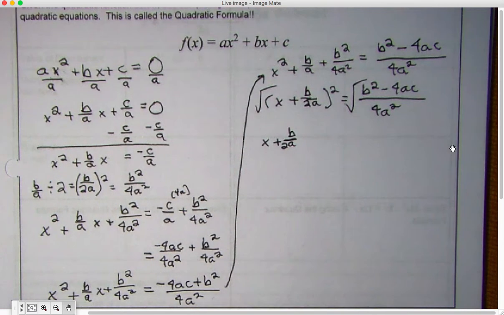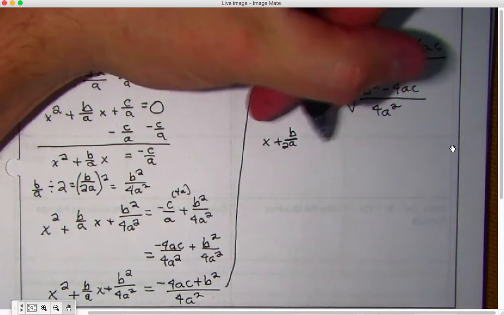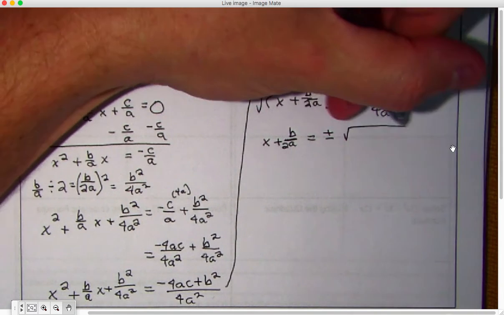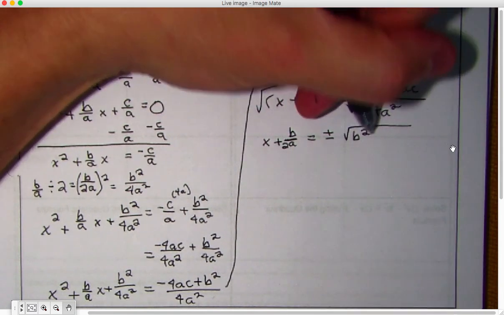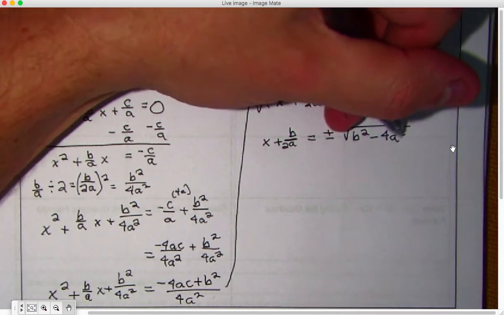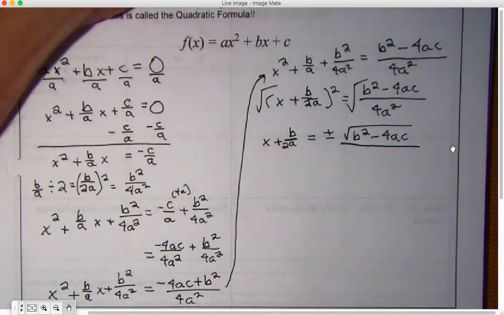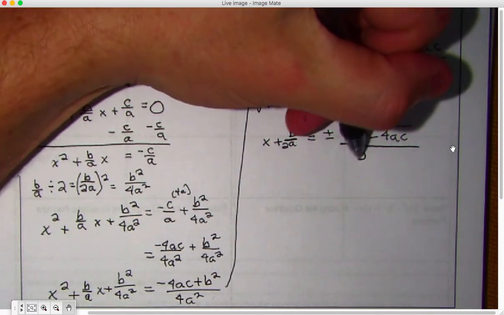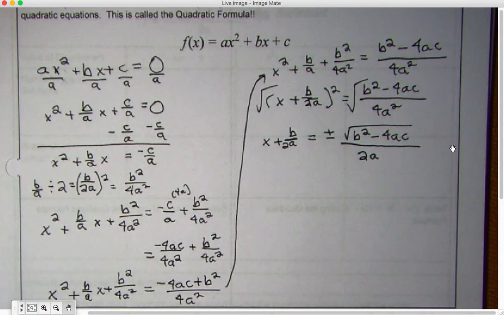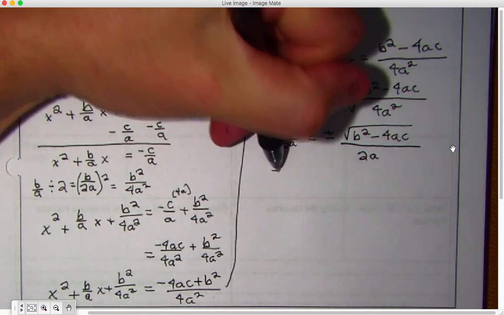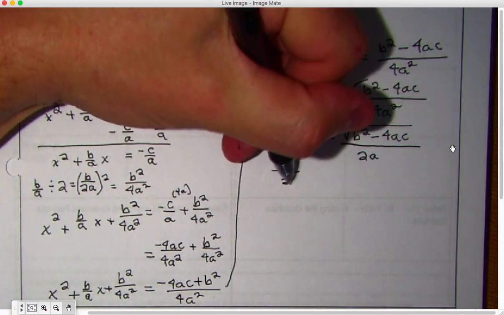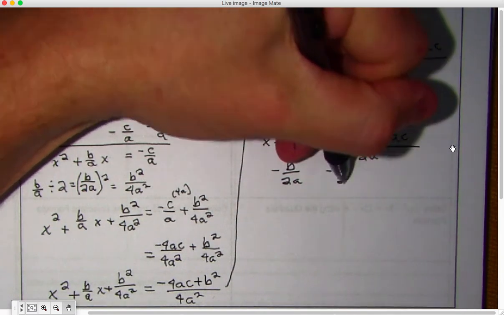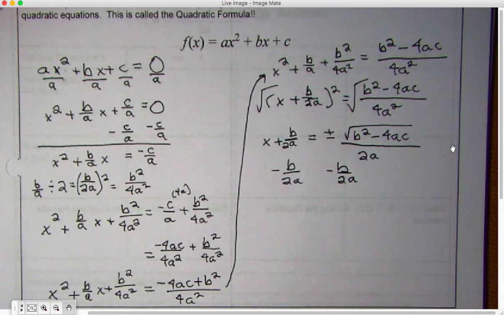So the next step is to square root, and I get x plus b over 2a equals plus or minus the square root of b squared minus 4ac on the top. And the interesting thing about this bottom is it's the square root of 4 times the square root of a squared, which is 2a. Last step in this very intense algebra is to take b over 2a away from both sides.